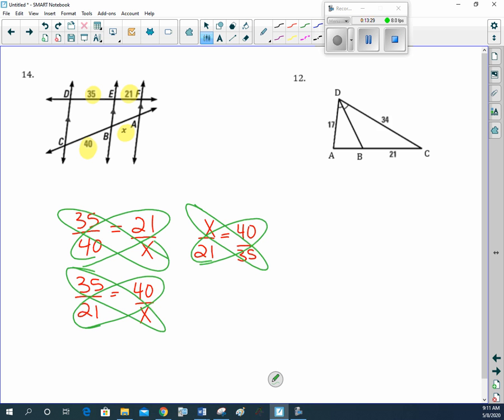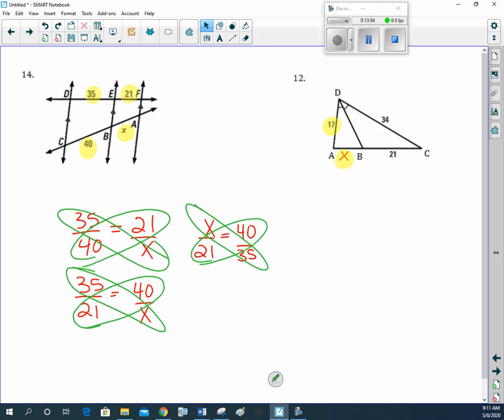So over here, this one is the angle bisector. If this angle is bisected, then it cuts this piece in proportion with this one, and this piece is proportional to this one, right? So if we're looking for this piece right here, there are lots of ways we can do it. I could go 17 to 21 or 17 to x.